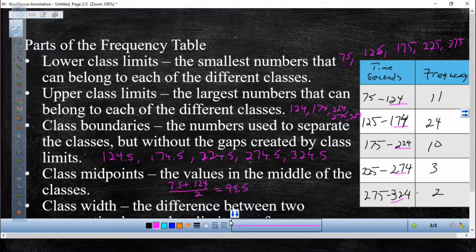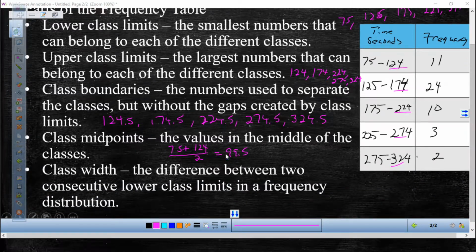And the last one that we had there was class width, the difference between two consecutive lower class limits. So you would take 125 minus 75, and that would equal 50. Okay, so that's how you find those.